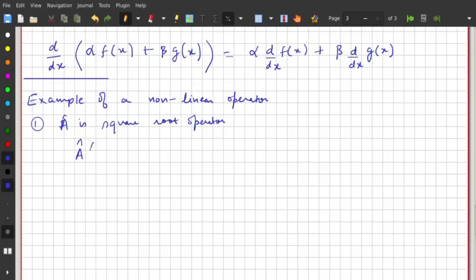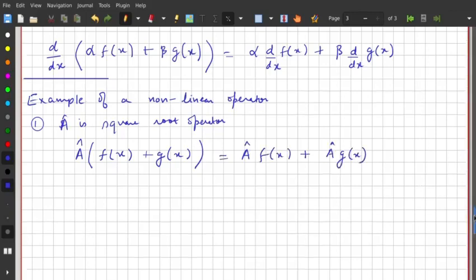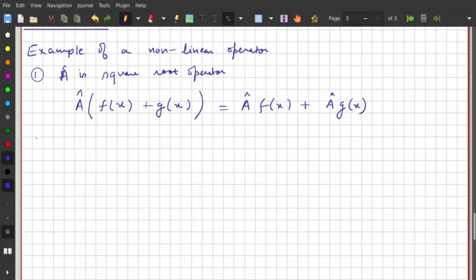So let us impose a definition of linearity right away. So let's have A hat acting on f of x plus g of x, and if A is linear, this should become A hat f of x plus A hat g of x. Okay, and then let's test whether this works for the square root operator or not. So remember, in this case, A hat is the square root operator.